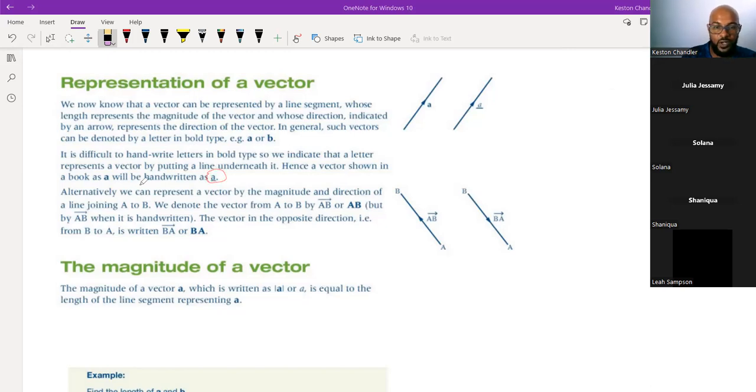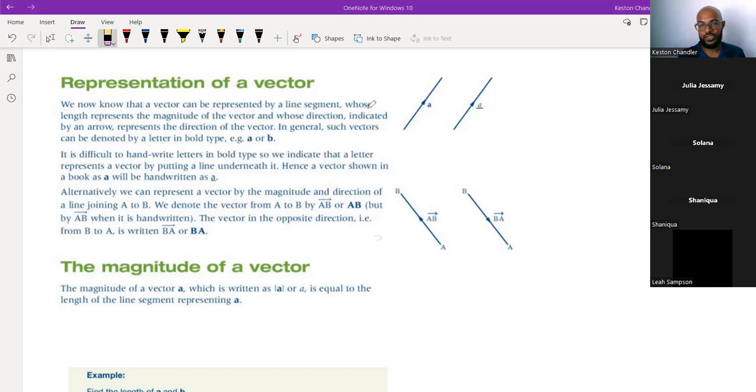Alternatively, if we have a start and ending point for the vector, for example A and B, I know which is the start and ending point because of the direction of the arrow. This arrow is telling me we are going from A to B, right? So I would write it as AB, like that.